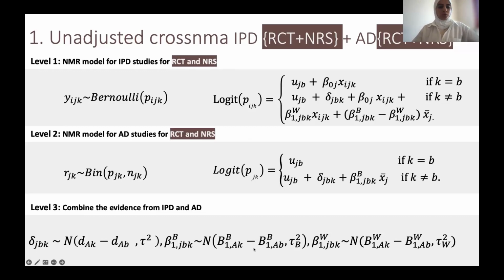Of course, this is not what we recommend to use in practice, but we can use it as an initial step or a base case to compare other analyses to.